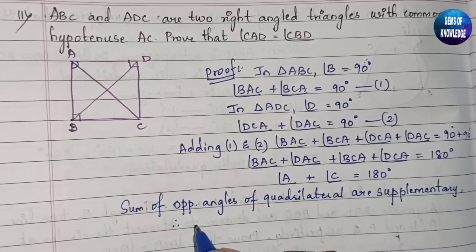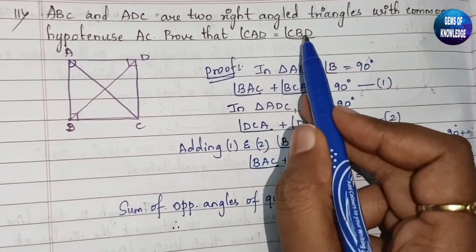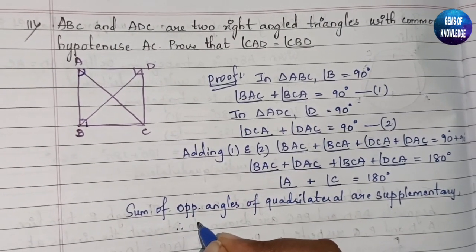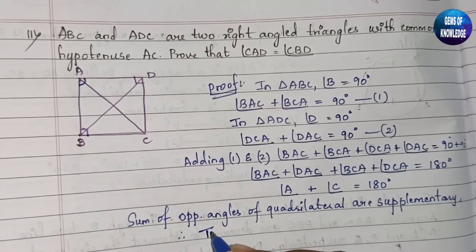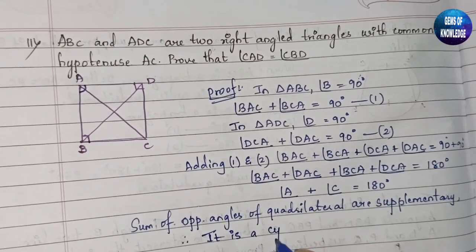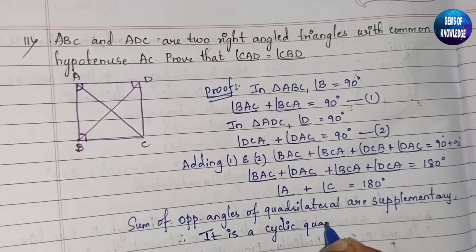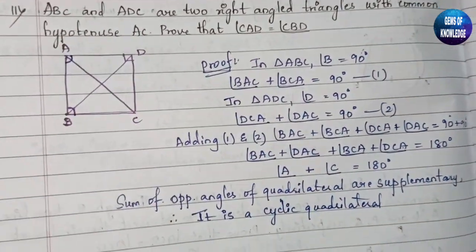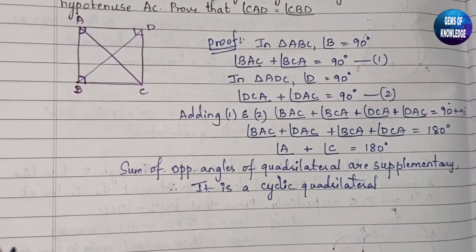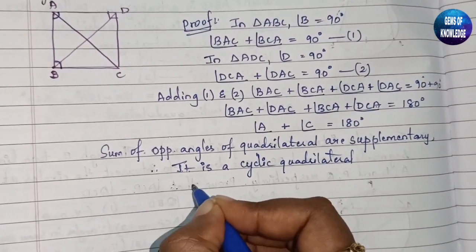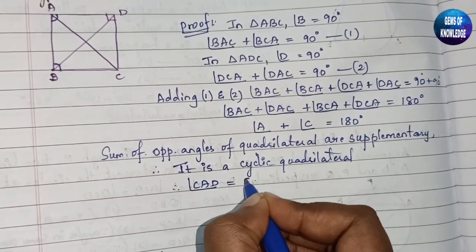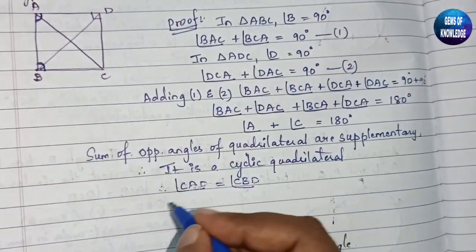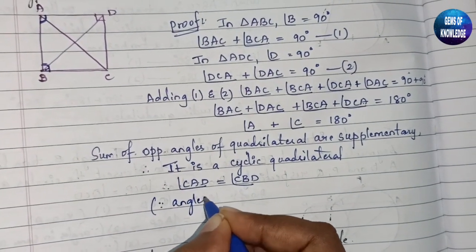Therefore we can say that ABCD is a cyclic quadrilateral. Now if it is a cyclic quadrilateral, then we can easily say that angle CAD is equal to angle CBD, since these are angles in the same segment.